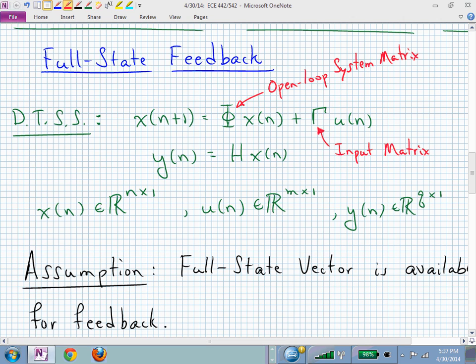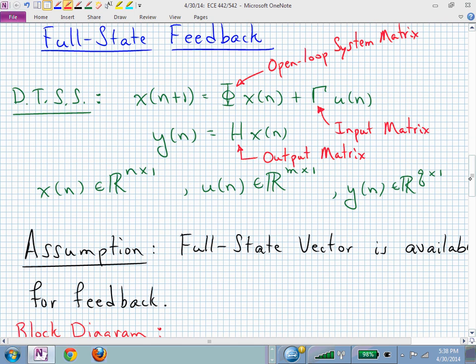H, I'm using that instead of C because C a lot of times we've used for our controller transfer function, but H is now our output matrix. And I've simply introduced some more variables. Little n is the dimension of our state vector. Little n could be 3, it could be 10, it could be 2, it could be 1.